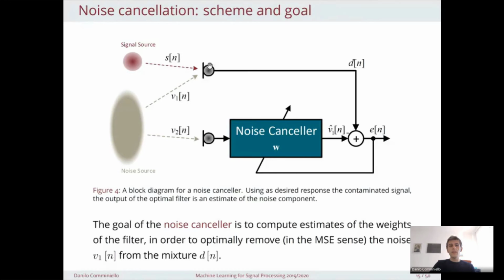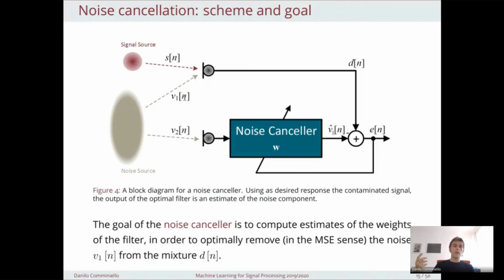So this sensor is nothing but the microphone which is close to the mouth of the pilot, inside the cockpit. But this microphone also captures the aircraft noise. So imagine that you have the noise of the aircraft.